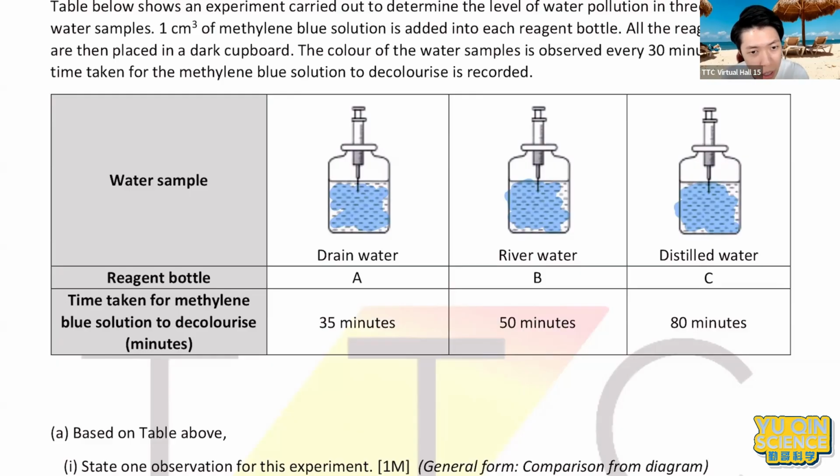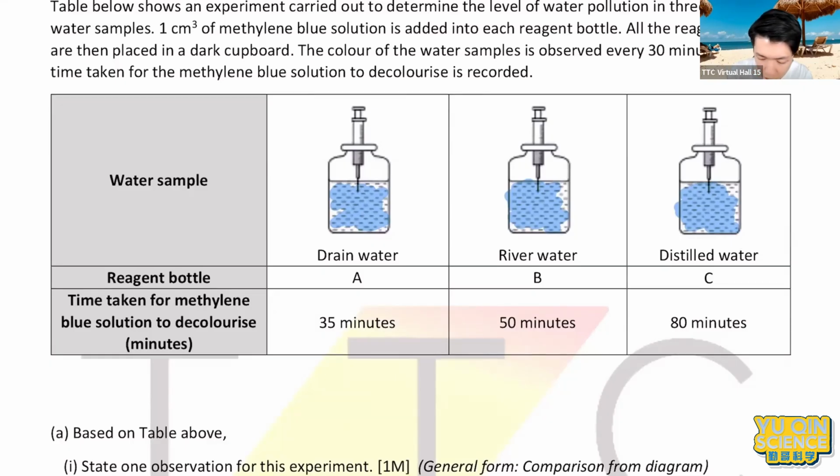Vice versa, when you inject the methylene blue solution into the water, it turns blue, and if it takes a longer time to become transparent, it means there is a lot of oxygen, very few microorganisms, and the water is clean. So whether the blue color takes a longer or shorter time to disappear determines how polluted the water is.